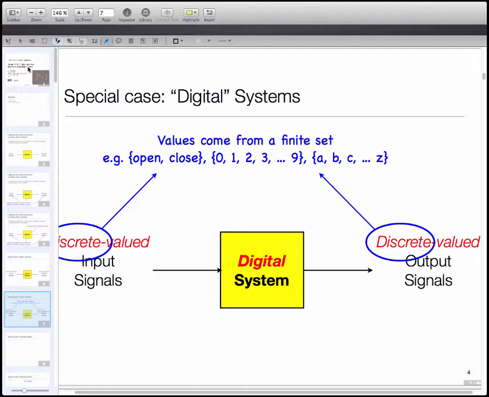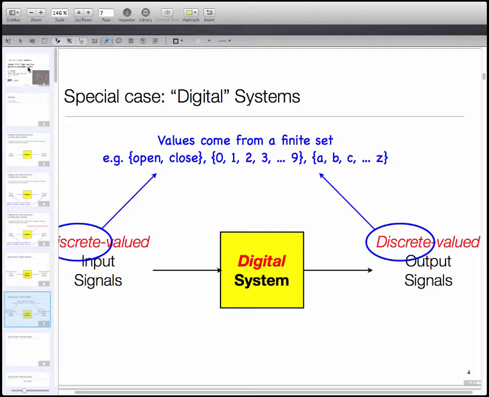Take the height of people: our height is a real number, but when we measure it using a scale, we round it off to, let's say, the nearest quarter inch or half inch, and that suddenly becomes a discrete valued thing. We always end up discretizing things anyway, so this is not that big a deal. And by having a large enough discrete set, you can represent even continuous things very accurately.